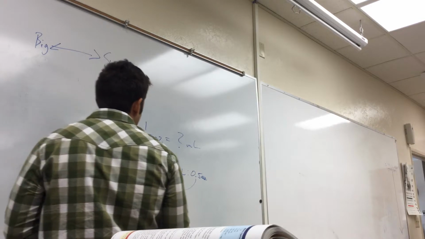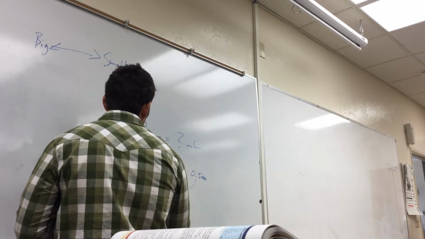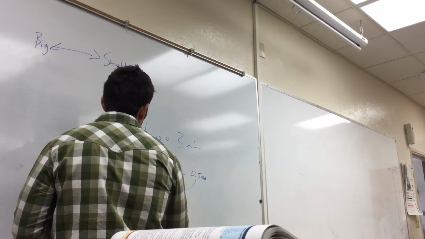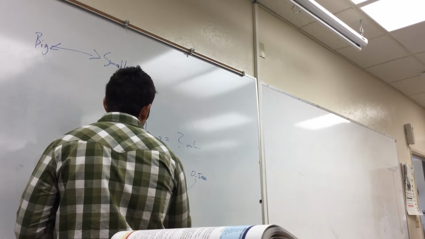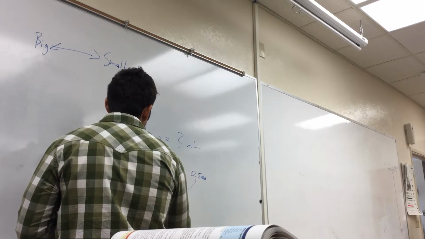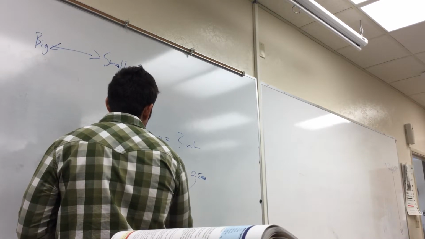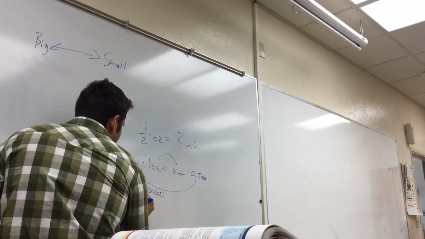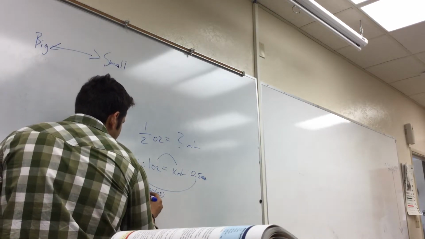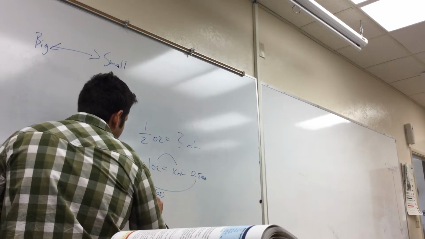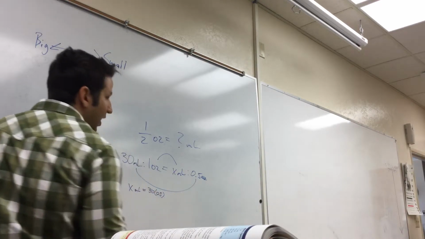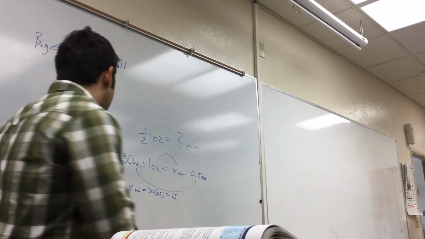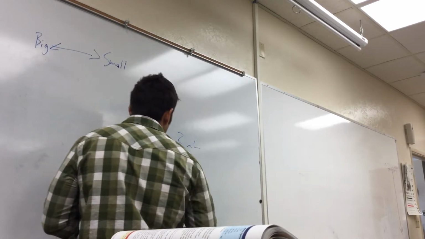So that puts me at 15. X is already by itself, so we don't have to worry about this business. Thinking 30 times 0.5. Okay. 15 mLs.